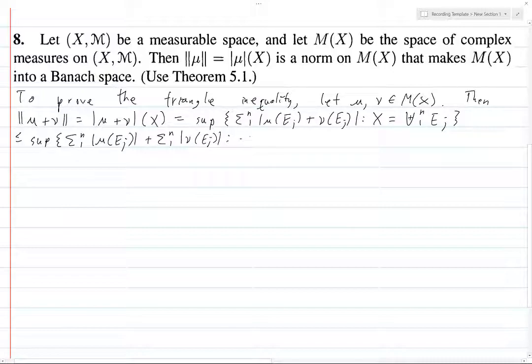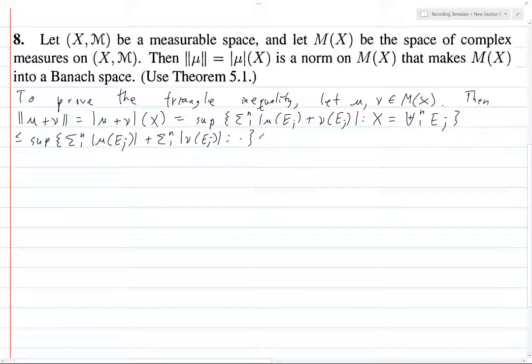I'm just going to put a dot here, because basically this dot means replace this with x equals the disjoint union from 1 to n of E sub j. And of course these E sub j's belong to script M, otherwise this wouldn't make sense.